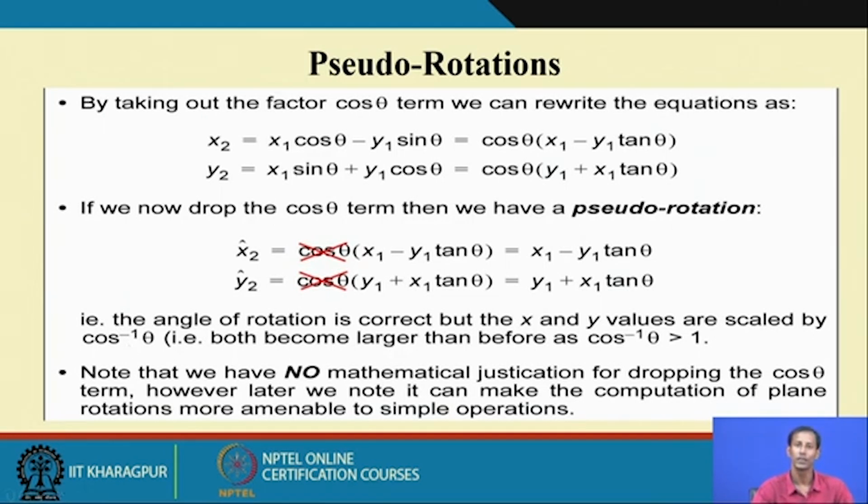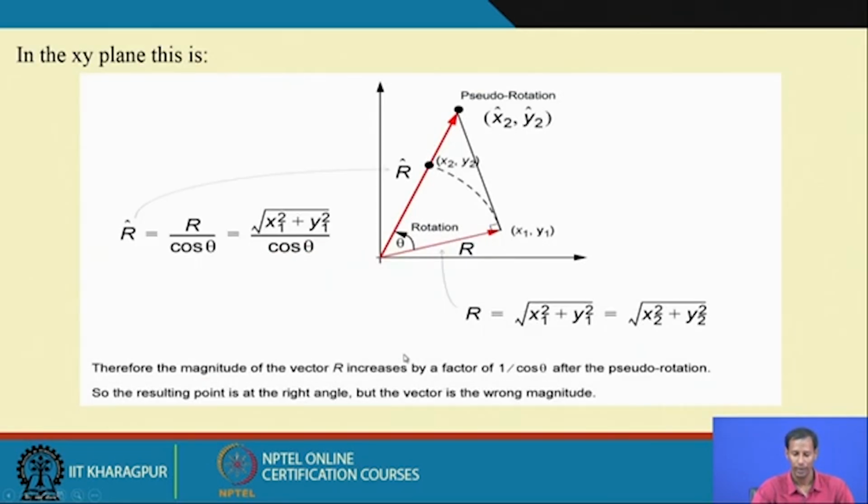Cos inverse theta we can also write as sec theta, which can be written as 1 over the square root of 1 minus tan square theta. Okay, that we will see now. Then what will be the value of this?